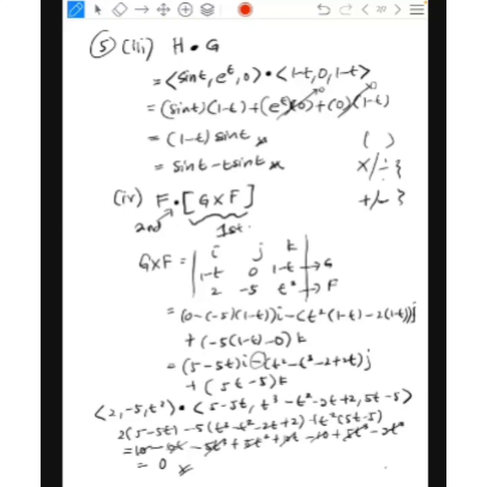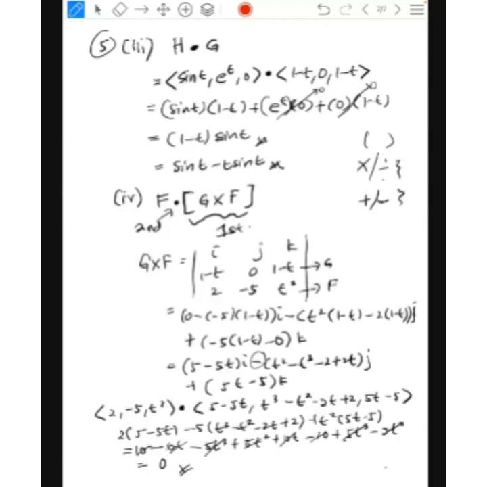So good. All right, thank you all. So if there's no question, then we shall continue with 2.2, which is another vector functions. So in here we will learn about differentiation and integration of vector.